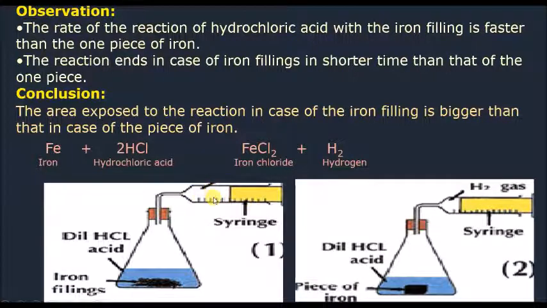If we see here reaction بين الايرون وال HCl or the hydrochloric acid produces iron chloride and hydrogen.